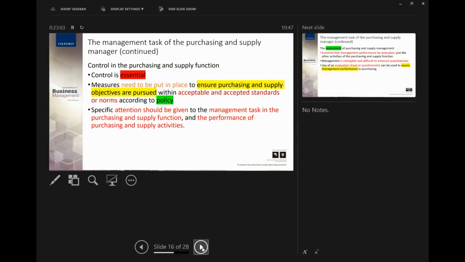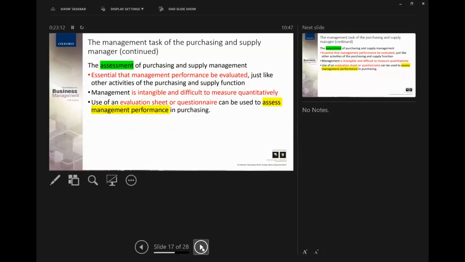Then specific attention should be given to the management task in the purchasing and supply function and the performance of purchasing and supply activities. Ultimately, we need to evaluate how effective they have been. The assessment of purchasing and supply management is essential; management performance must be evaluated.